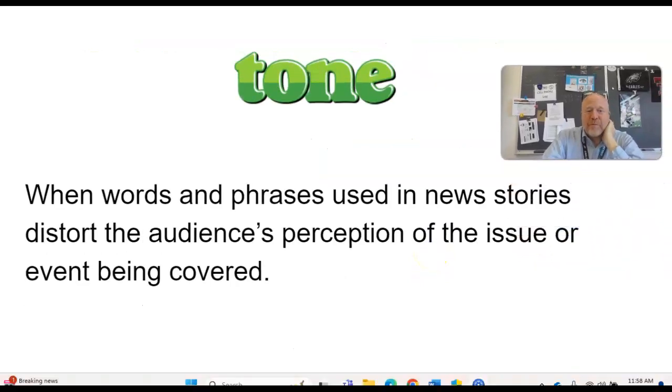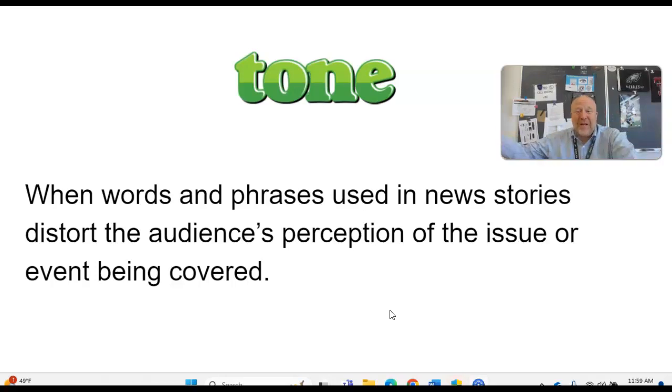Tone, the words we use impact things. So the words and phrases used in the story can create a certain emotion, certain feeling for or against the topic. Our words matter. We want to use neutral tone words if we're just trying to inform.